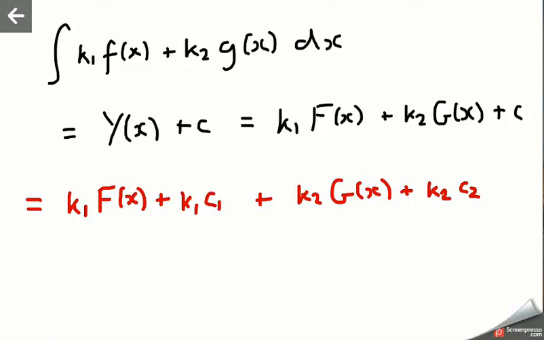And now, since c1 and c2 can be any random numbers we like, when put together, k1 c1 plus k2 c2, where this k1 really is this k1 here, but the fact that we're multiplying it by a random c1 just changes it into a random number altogether.